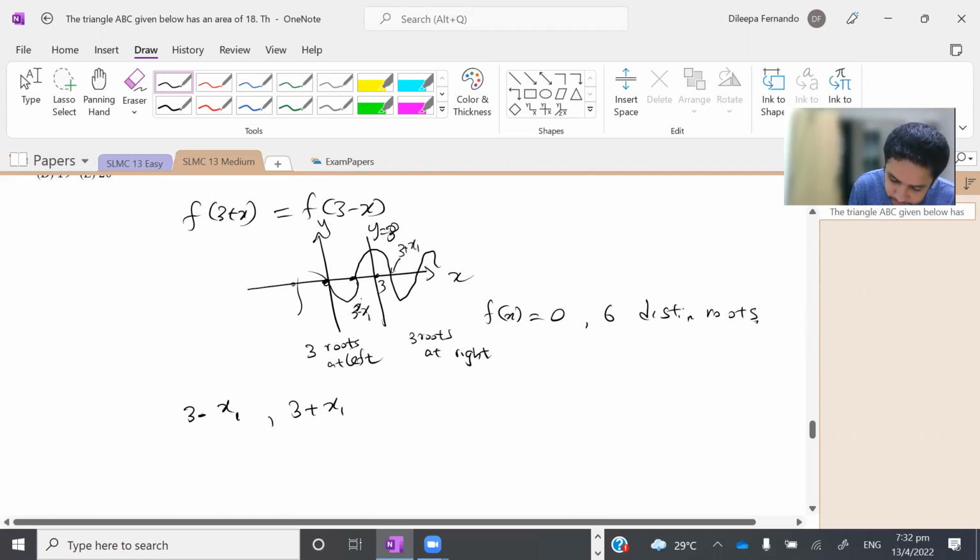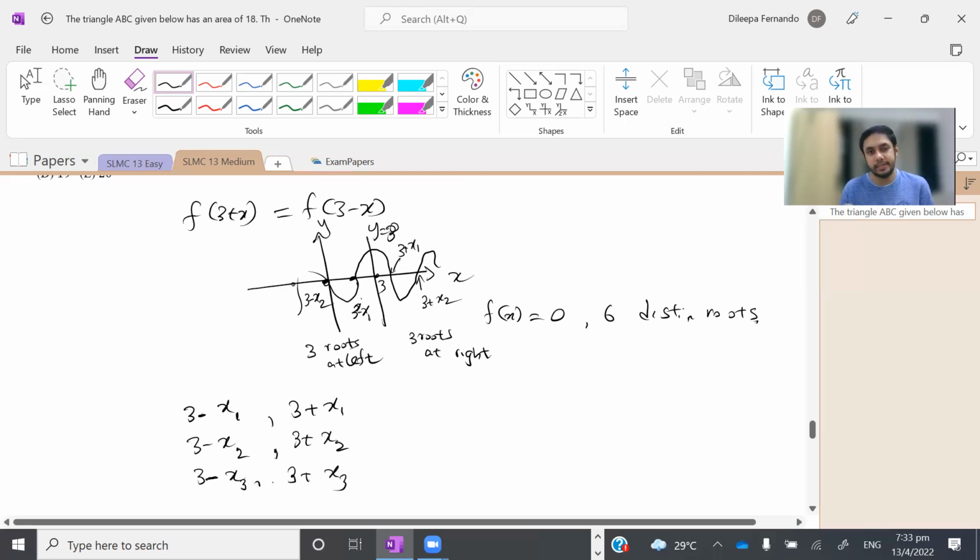Let's say there's another root, 3 minus x2, 3 plus x2, because they are symmetric around 3. Finally, you can have 3 minus x3, 3 plus x3.